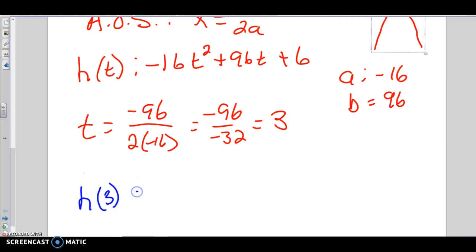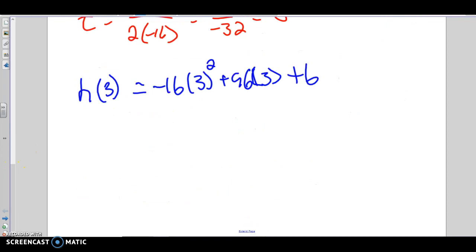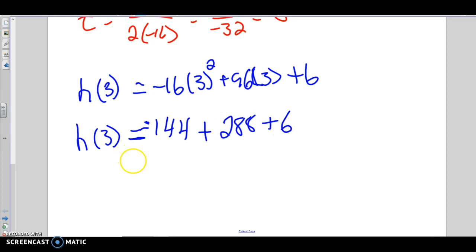So the height at 3 seconds, so substituting 3 in for t, three squared is 9. 9 times 16 is 144, and that's going to be negative 144, plus 96 times 3, 288, plus 6.